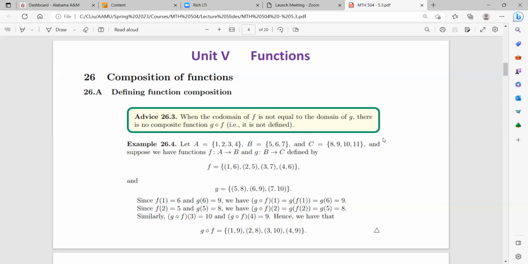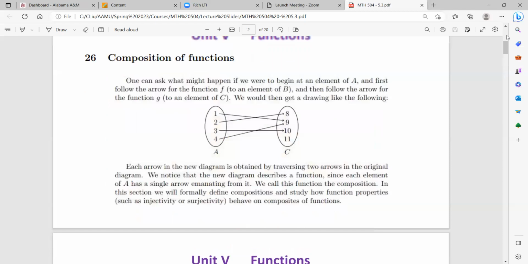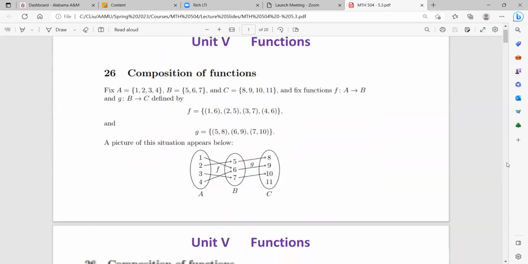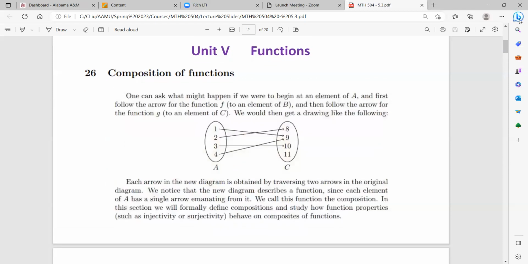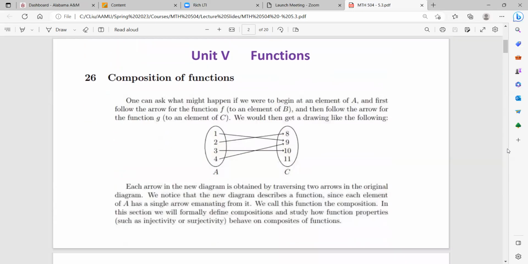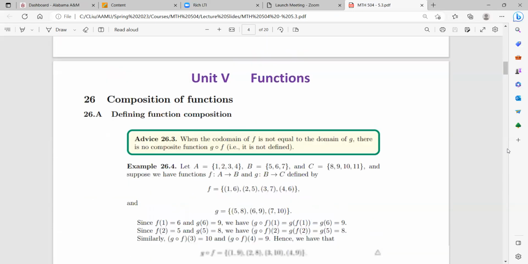All right. So let's see some more examples. Suppose we have the same example as before, the example we just started.